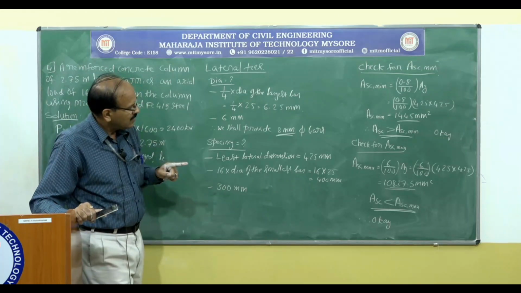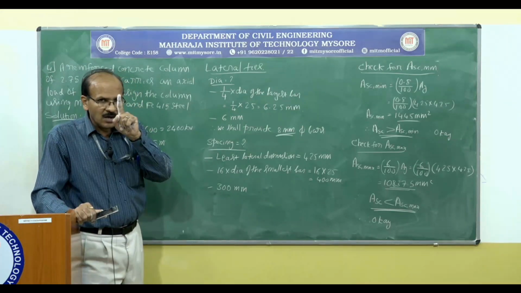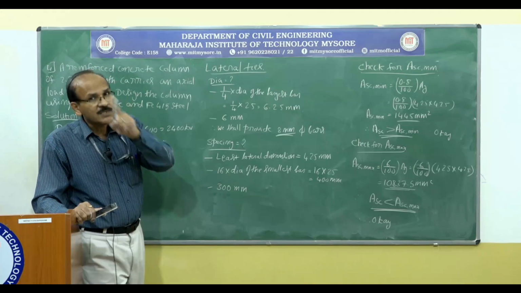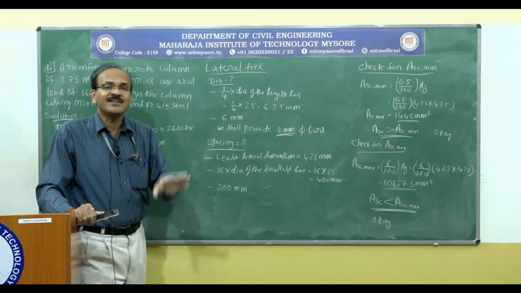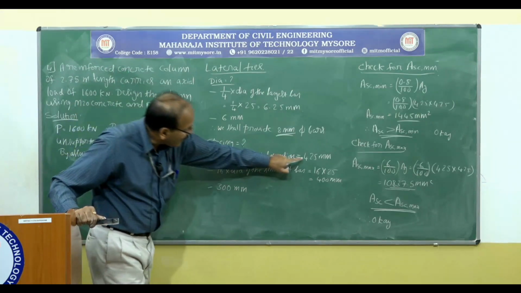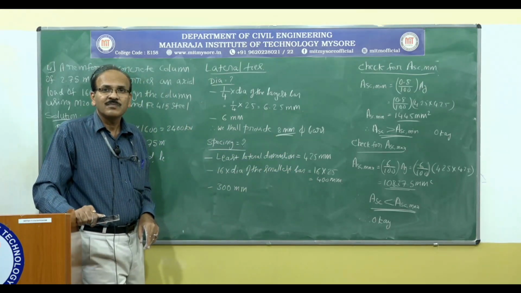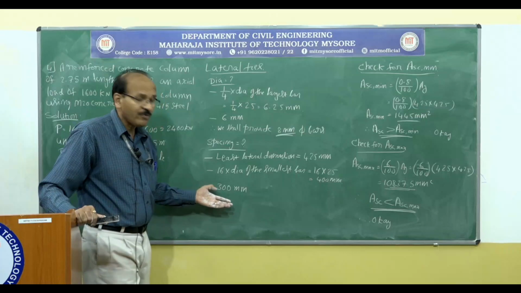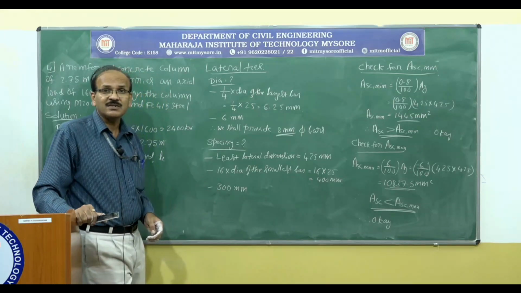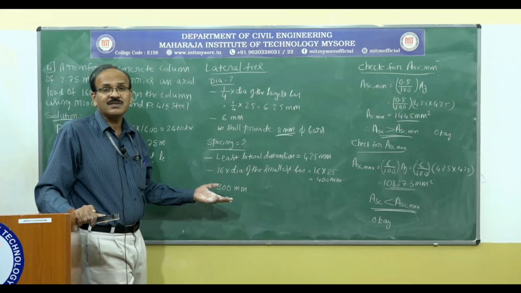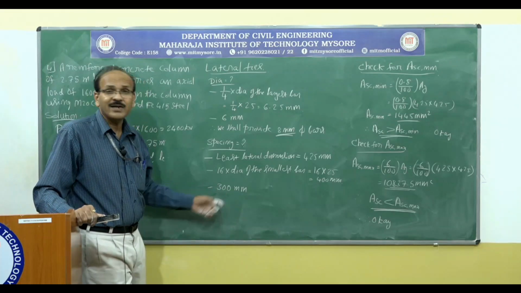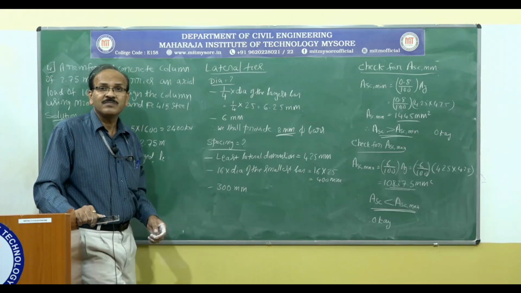I repeat, the maximum spacing of the lateral ties is the least of these three values. If you want, you can provide 250 millimeter center to center, 200 millimeter center to center, but you cannot cross 300 millimeter center to center.